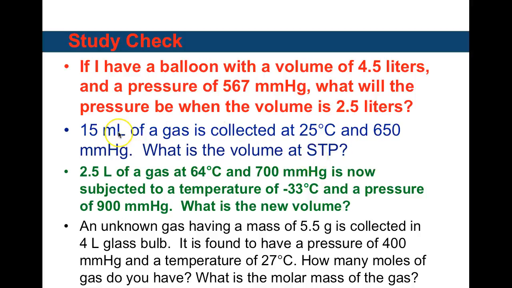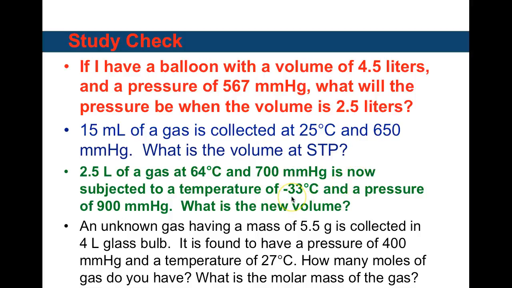You can use P1V1/T1 = P2V2/T2, the combined gas law formula, for this particular problem, where the temperature is going to be 0 degrees centigrade or 273 K, and the pressure is going to be 1 atmosphere or 760 millimeters of mercury, and then you are finding V2.